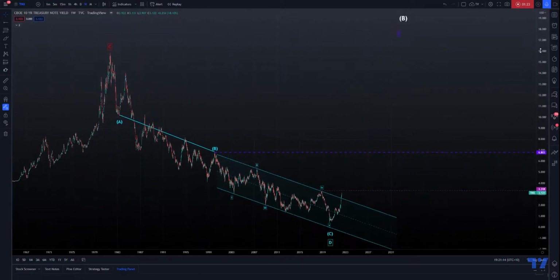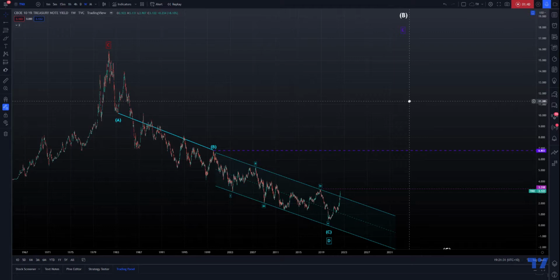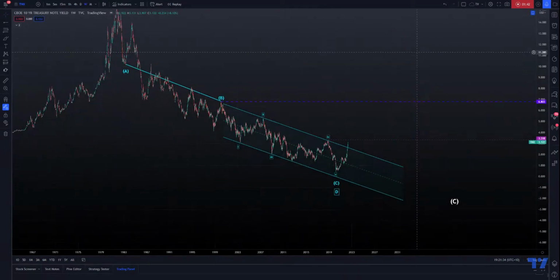At this point, I'm probably thinking above the previous high of 1981, but I'm not entirely sure how high this could go. It depends. Whatever happens after that, it will likely send this market into negative territory.